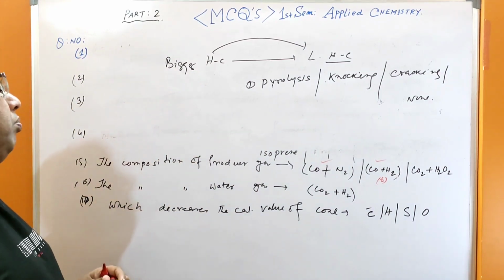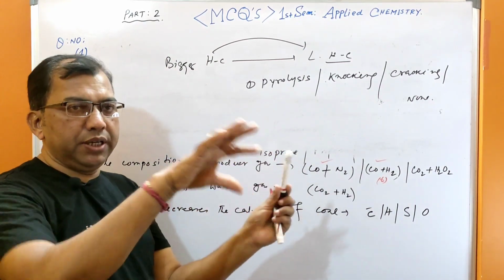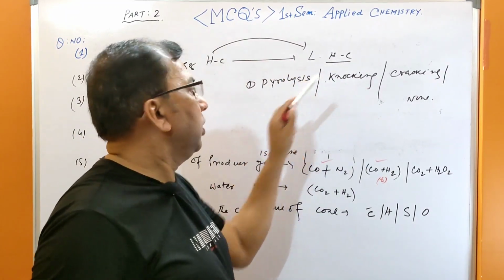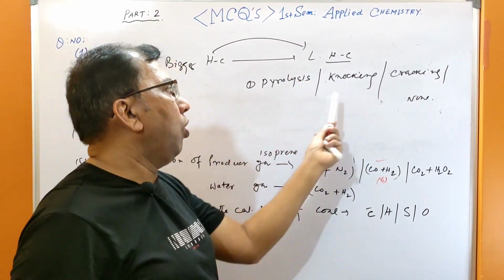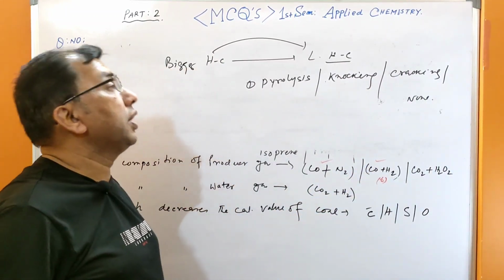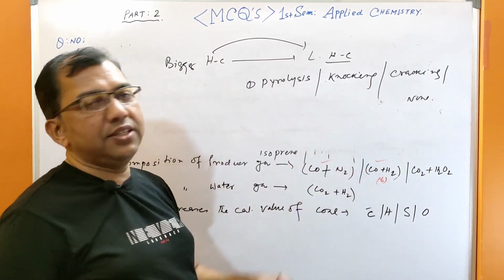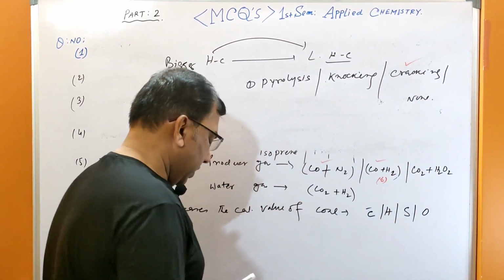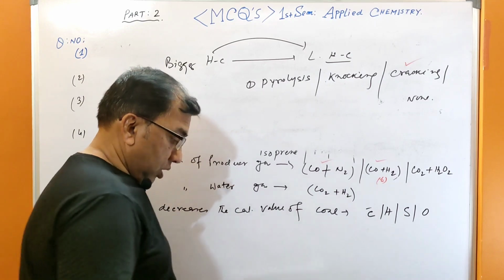The process of breaking down bigger hydrocarbons to lower hydrocarbons. Which is known? Pyrolysis or knocking or cracking or none? Answer will be cracking. Cracking is the correct answer. Okay. Now question.